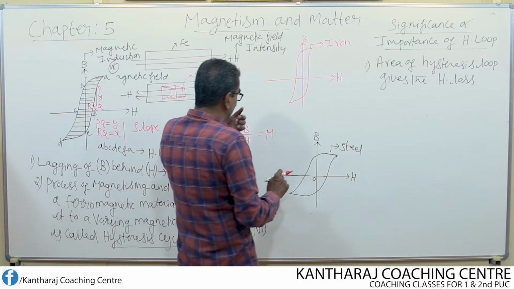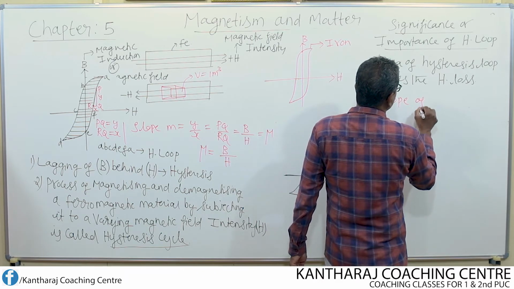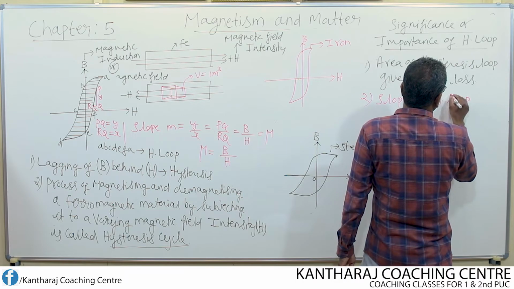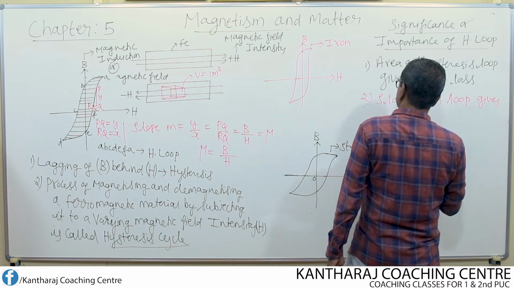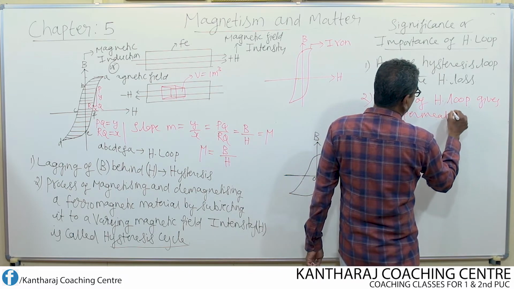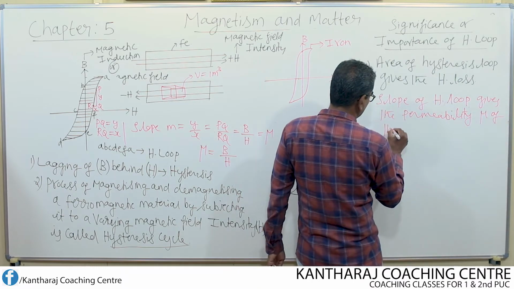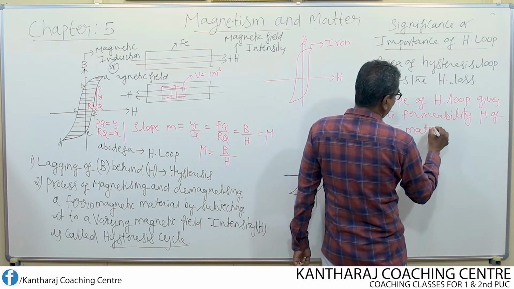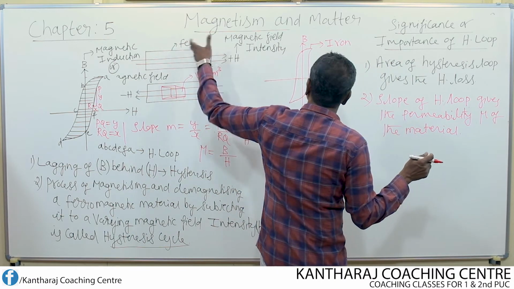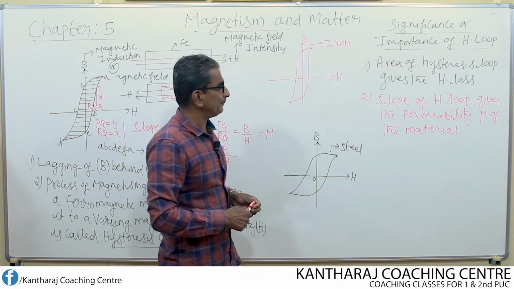So secondly, the slope of the hysteresis loop gives the permeability mu of the material used. Which material have we used here? Iron, one of the ferromagnetic materials like iron, cobalt, nickel, whatever it may be.